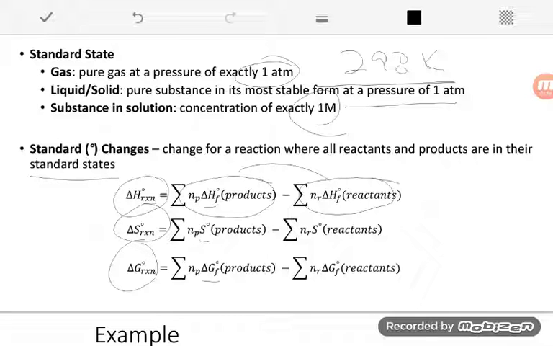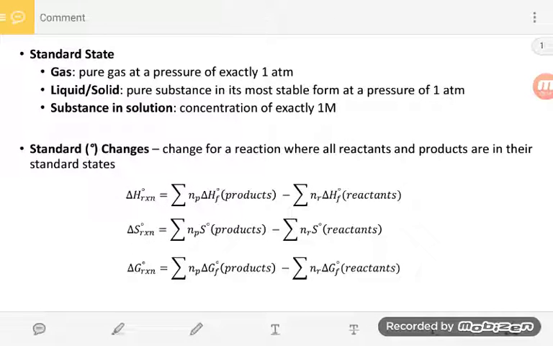Super easy. This N here just refers to how many of that each particular molecule you have in your chemical reaction. So if you have 2, you'd have to multiply its delta H by 2. And this symbol here just means add. So we're adding up everything for the products, adding up everything for the reactants, and then we subtract. Love these problems, super easy.